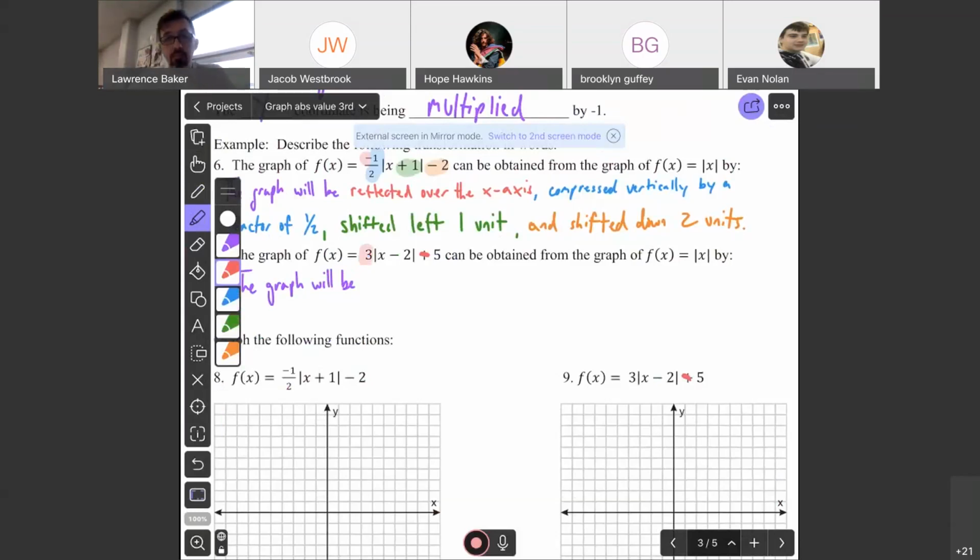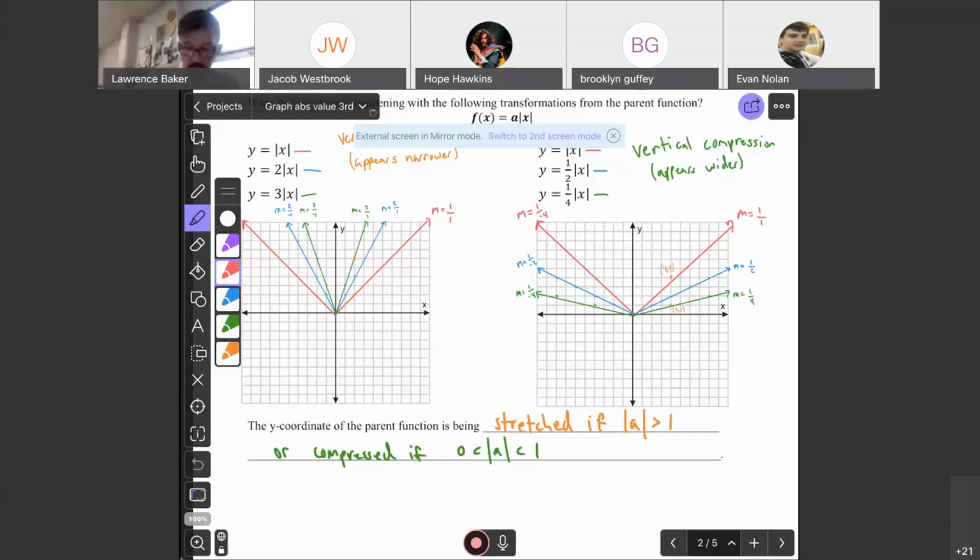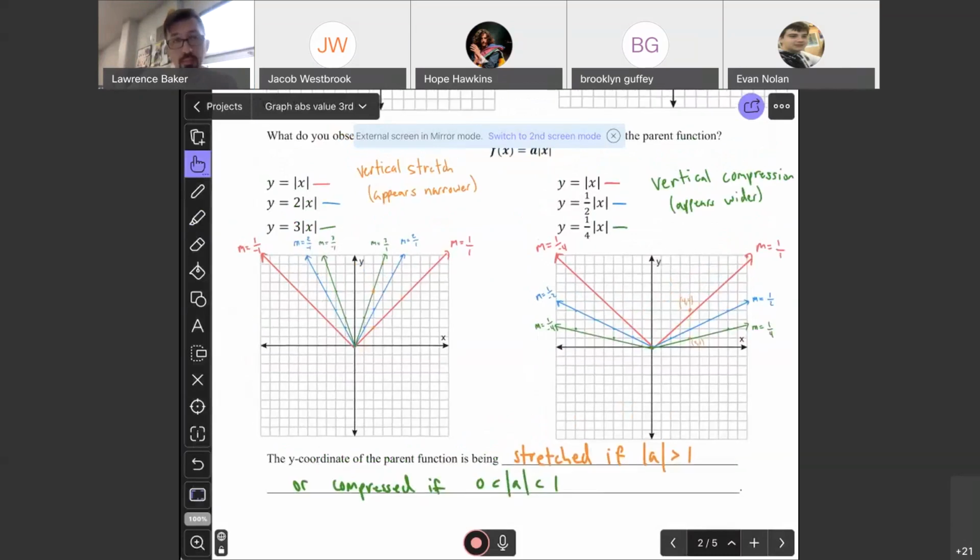It'll be like a horizontal line. What did a 3 in the front do? 3 over 1, so the slope would be up 3, right 1. Yes, but that's not what we're talking about right now. Vertical stretch.